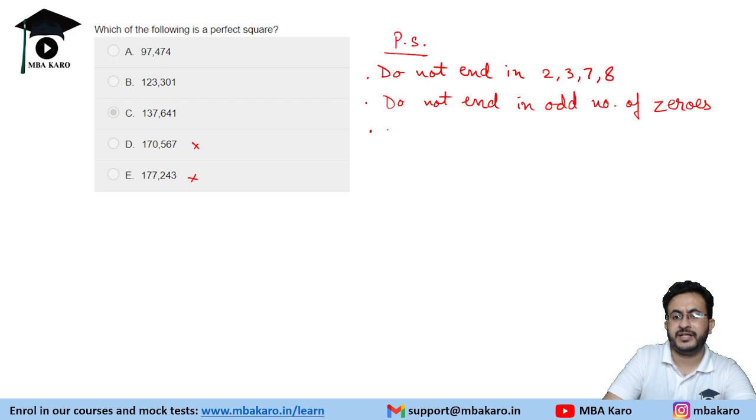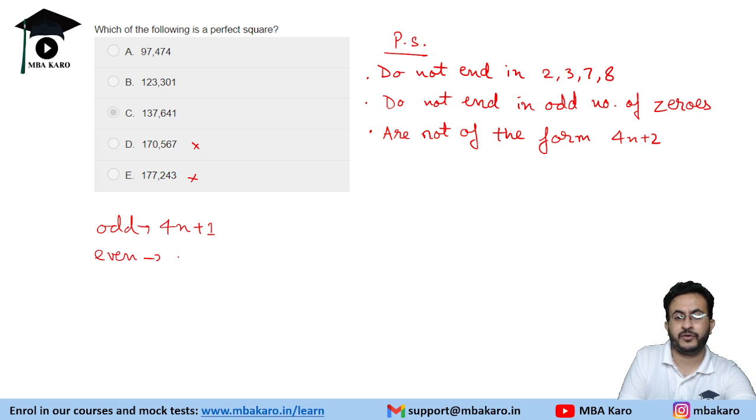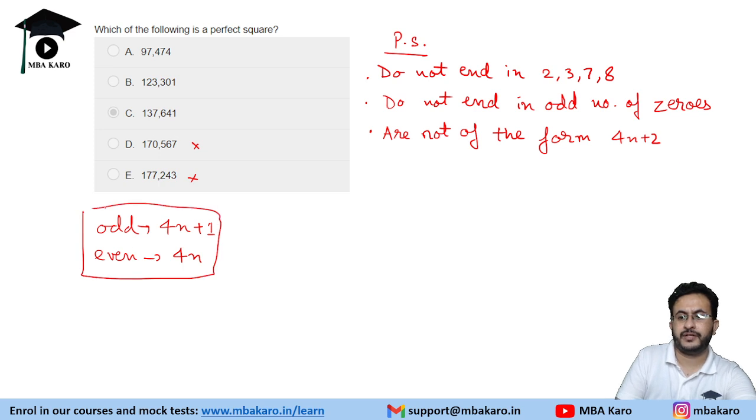Then another property is that they are not of the form 4n plus 2. So if it is odd, it will be of the format 4n plus 1. If it is an even perfect square, it will be of the format 4n, where n is some whole number. Okay, so they are not of the format 4n plus 2 or 4n plus 3.